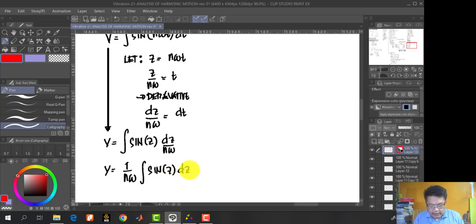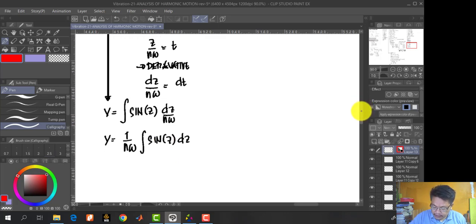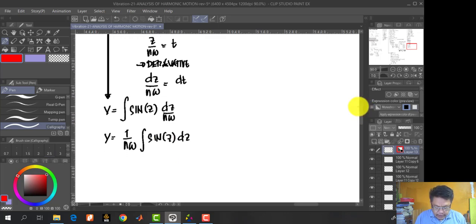Now you will notice that it can be integrated already. That satisfies the rules of integration. So if you integrate the sine, it becomes 1 over n, angular velocity, times negative, because the integration of sine is a negative cosine.